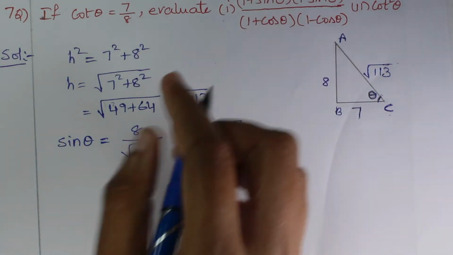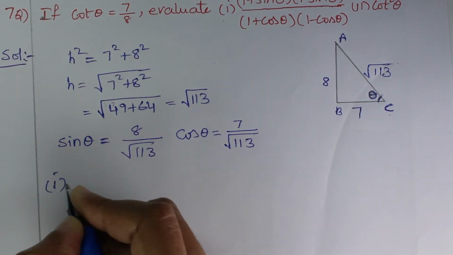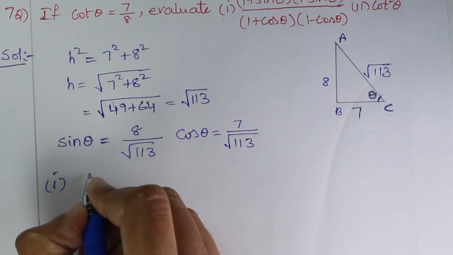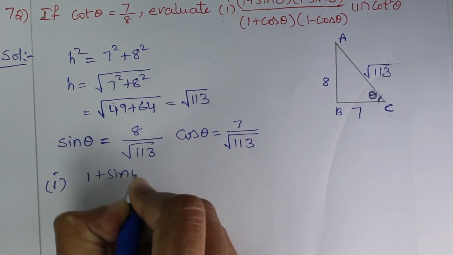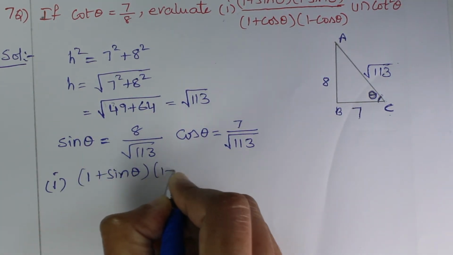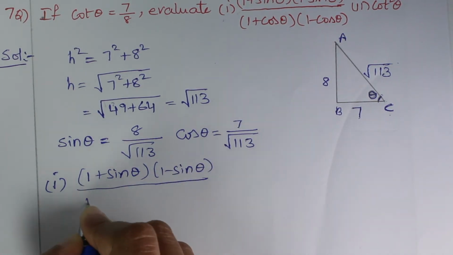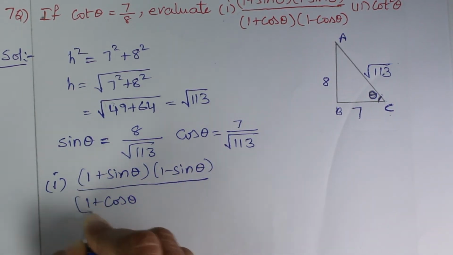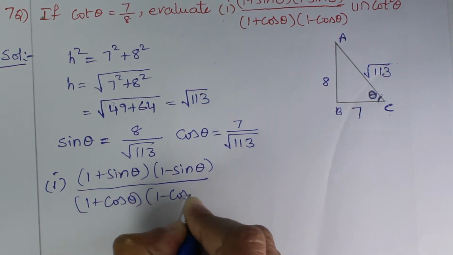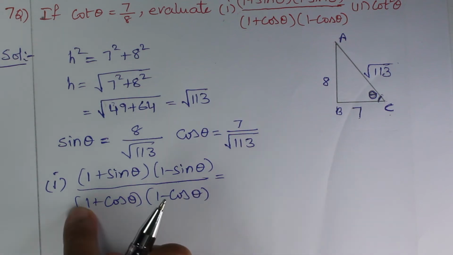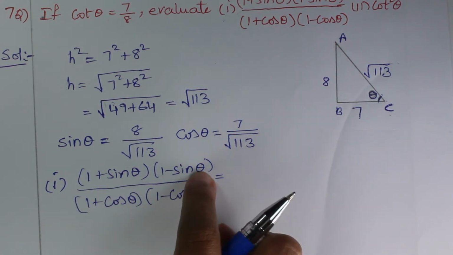We will calculate the first part of the question. First of all, he has given (1 plus sine theta)(1 minus sine theta) divided by (1 plus cos theta)(1 minus cos theta). So before substituting the values in this formula, let us simplify this problem.